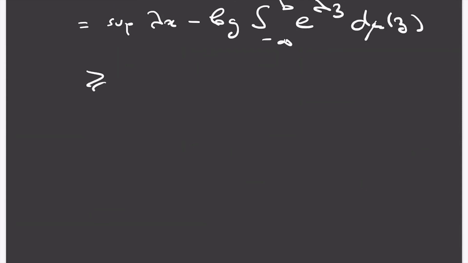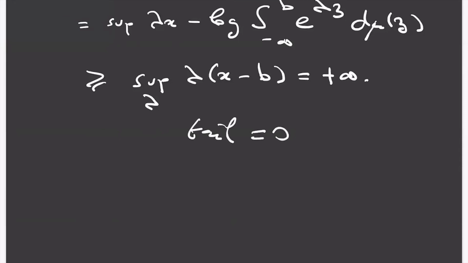And it is greater than the sup over lambda of lambda times x minus b, so it is equal to plus infinity. So it's not surprising, because this simply means that if point x is large enough and outside the support, then the tail is equal to 0. So yes, no problem.